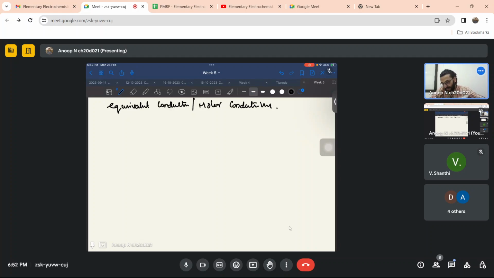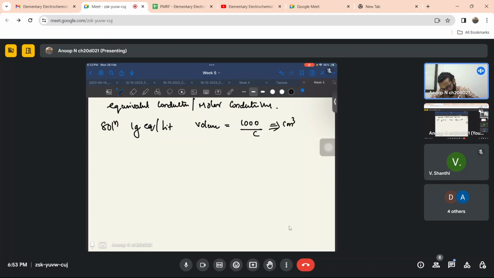It is the conductivity of 1 mole of solution, or a 1 molar solution, simply. If we have a solution which is 1 gram equivalent per liter, then the volume of solution will be equal to 1000 divided by C, in centimeter cube.